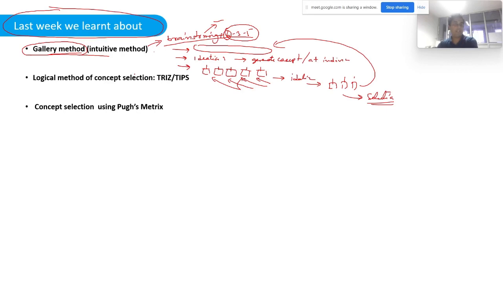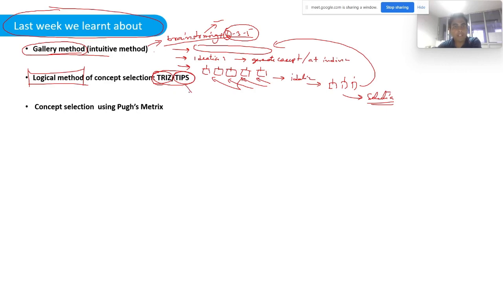Next, we talked about a logical method of concept generation, which is a more systematic way of generating concepts. We discussed something called TRIZ, or TIPS. TRIZ is an abbreviation for a Russian phrase, and TIPS stands for theory of inventive problem solving.